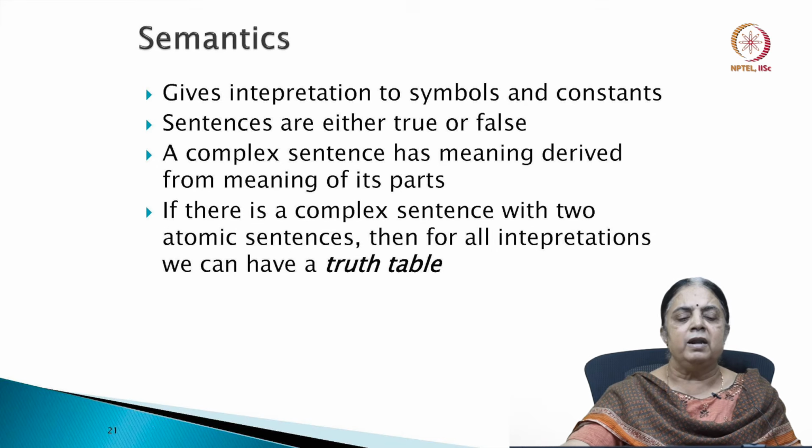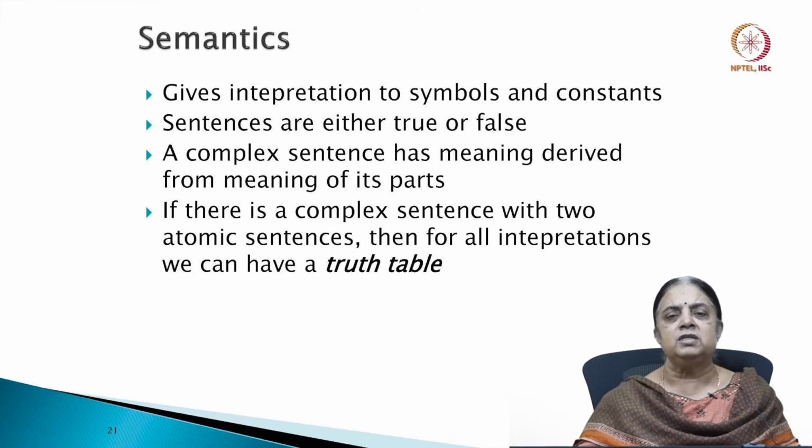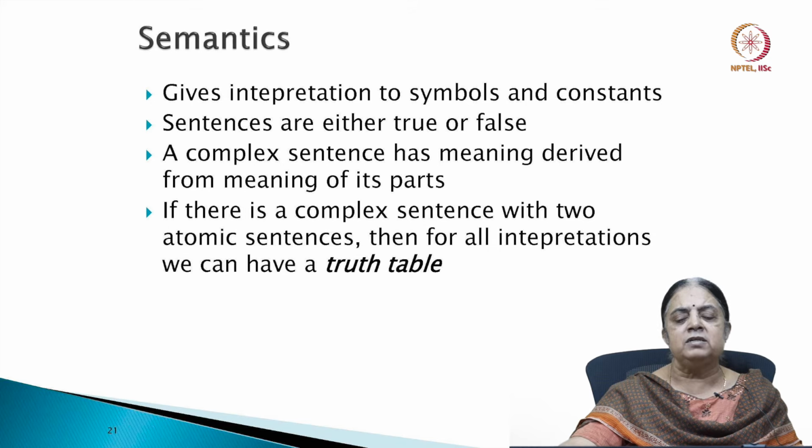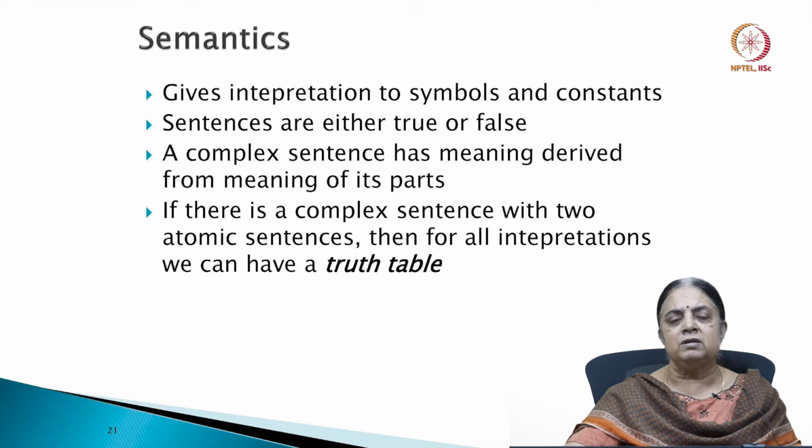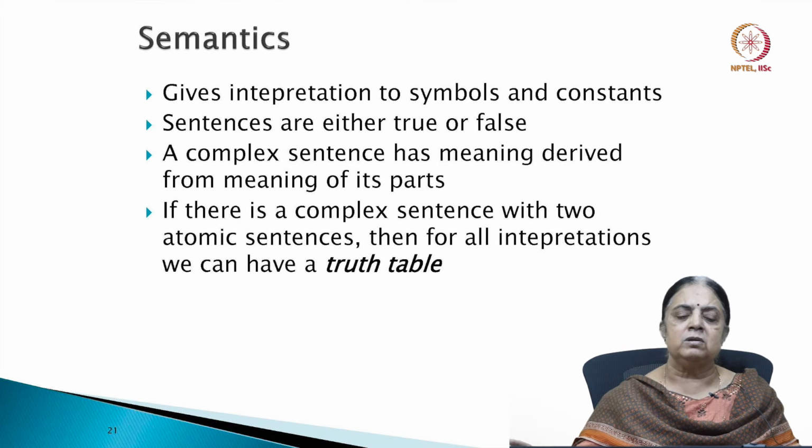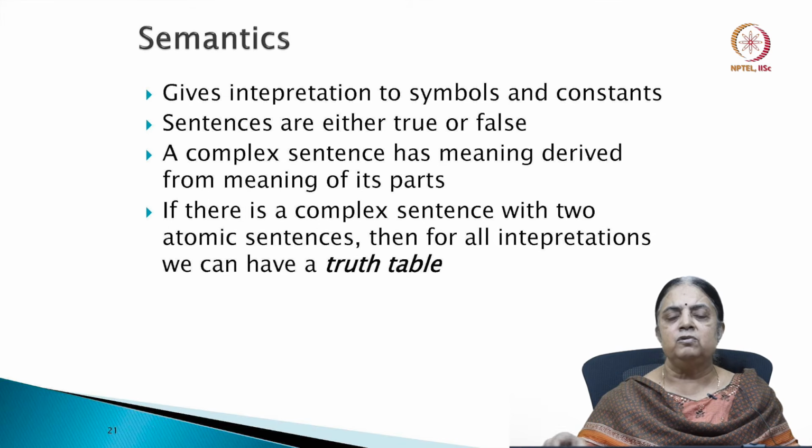And the semantics, obviously we are talking about the output as being either true or false. So a proposition is either true or it is false. And a complex sentence has meaning which is derived from its parts. So a complex sentence will have simple sentences. For example, suppose I say A and B. So the truth value of A and B will depend on the truth value of A and the truth value of B.